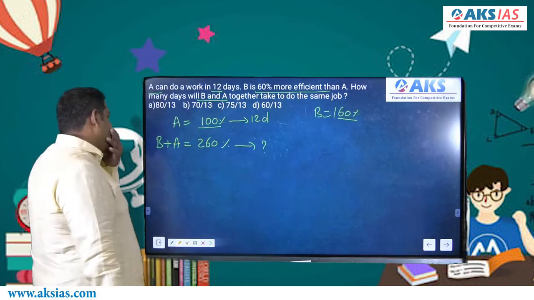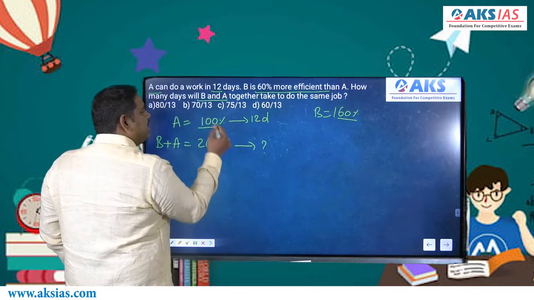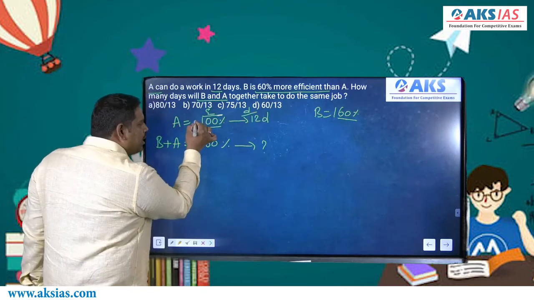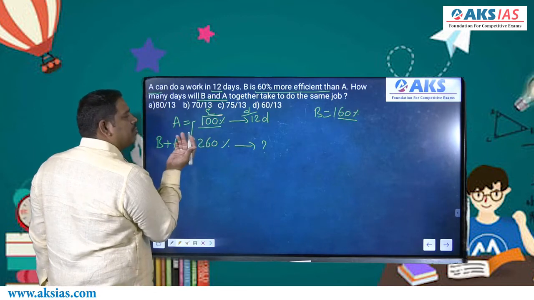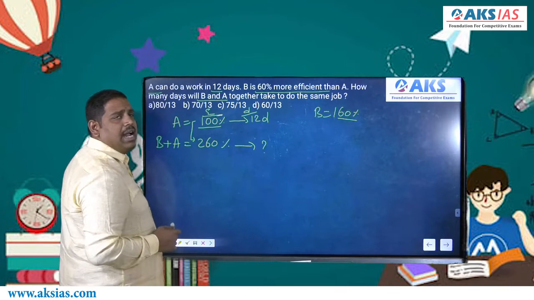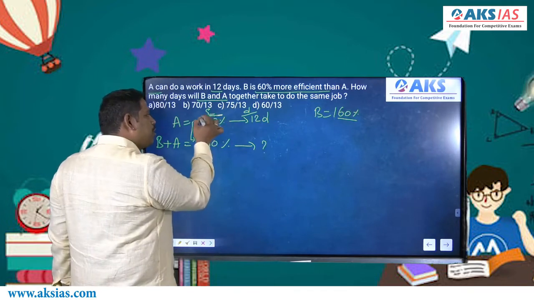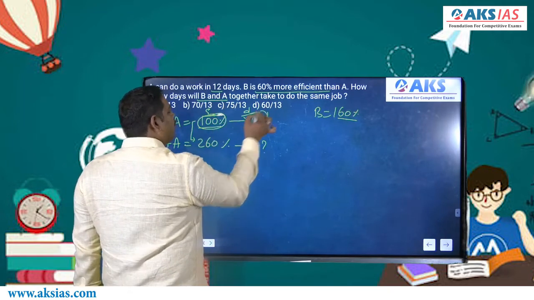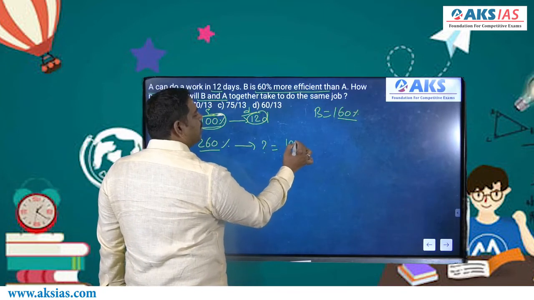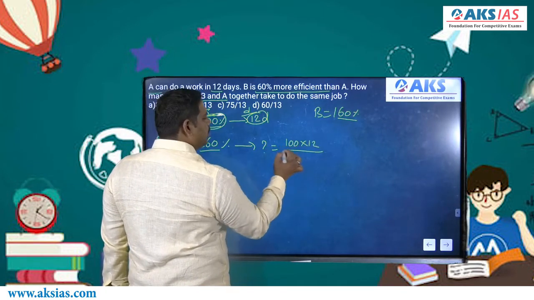Now what you can do is, 100% takes 12 days. This is efficiency and this is days. These two are in inverse proportion. Here to here, no relation. Since it is inverse proportion, you should multiply 100 and 12 and divide by 260, right? So the answer is 100 into 12 by 260.